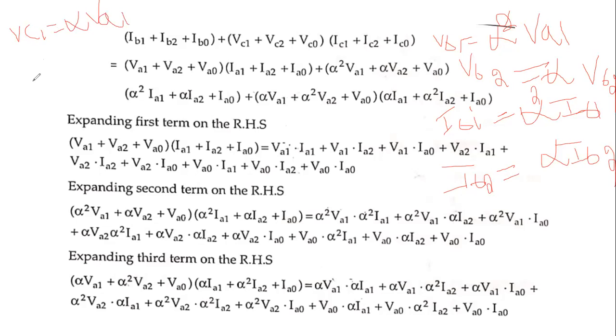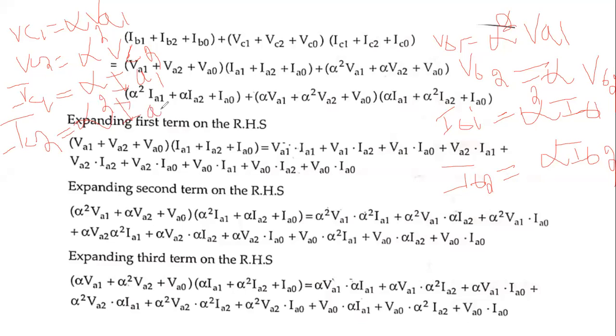Next, VC2 is equal to alpha square into VA2. Similarly, IC1 is equal to alpha into IA1, and IC2 is equal to alpha square into IA2.